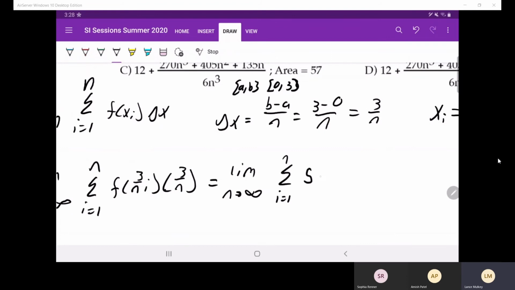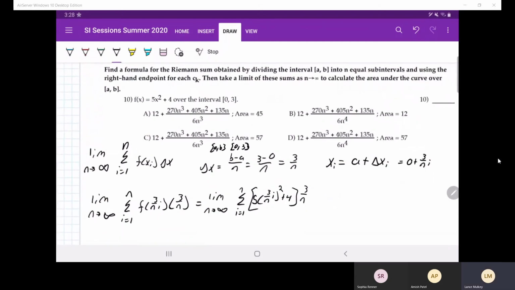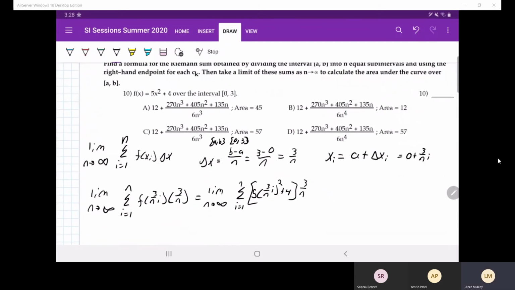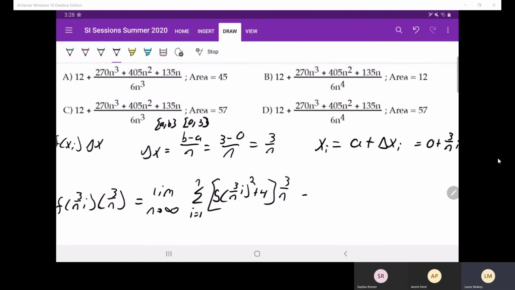So 5 times, you see what I did there? You have 5x squared. Where there was x, I put in 3 over n i and left it squared.